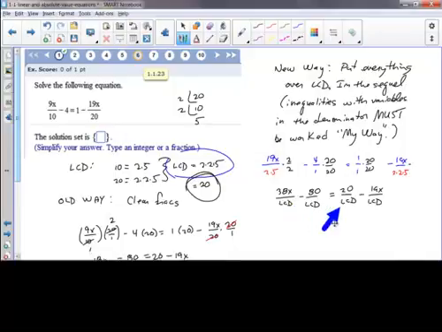Now, when I'm working these, I ordinarily wouldn't write the LCD out like that. I would write it this way. The work I did in the line above was trying to get this whole thing, so I could write everything over one fraction.